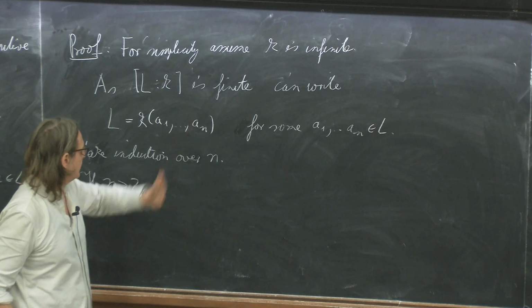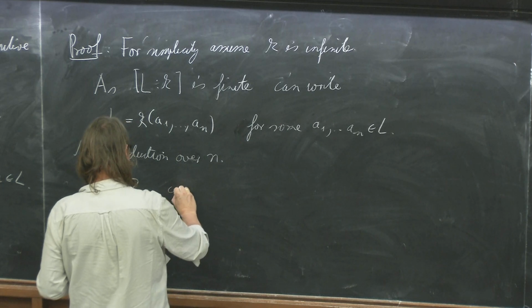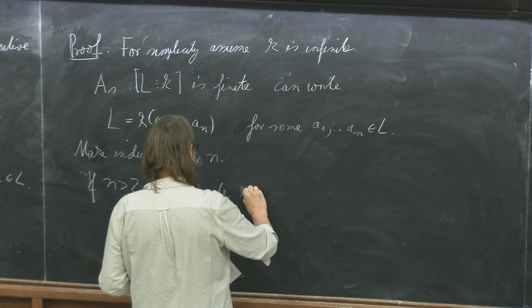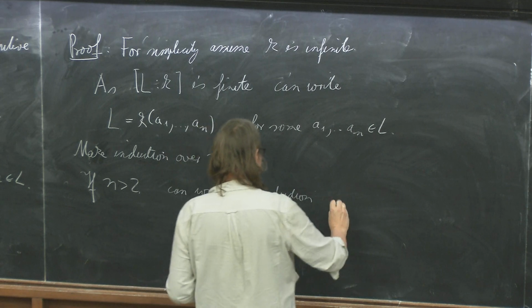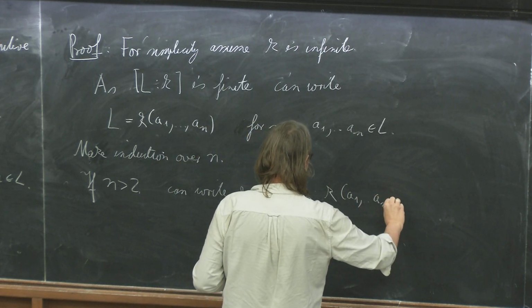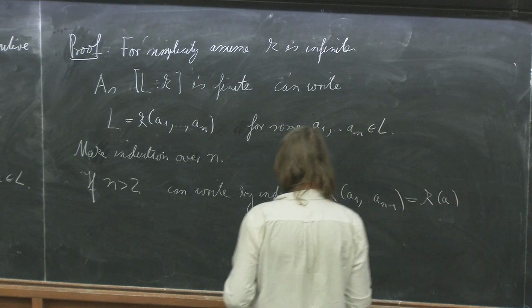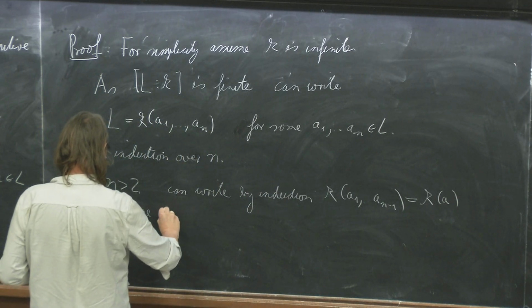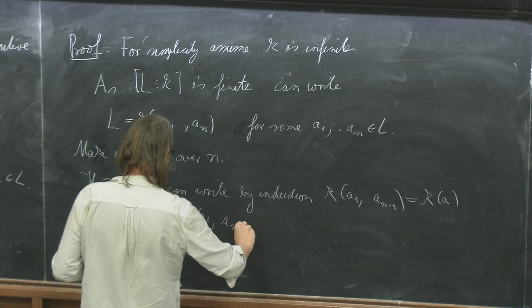So we leave out the last element. Then we can write by induction that K(a1, ..., a_{n-1}) is equal to K(a) for some a.